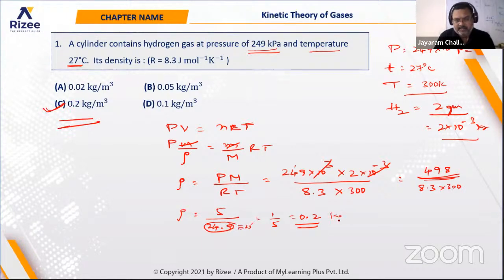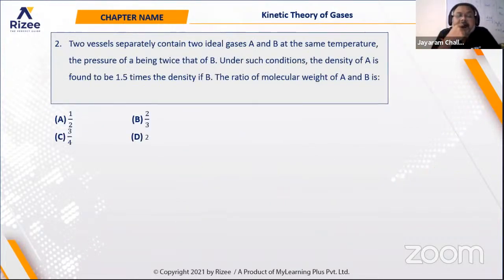Okay, so now next question here. Two vessels separately contain two ideal gases. One is A, another one is B. They are at the same temperature.